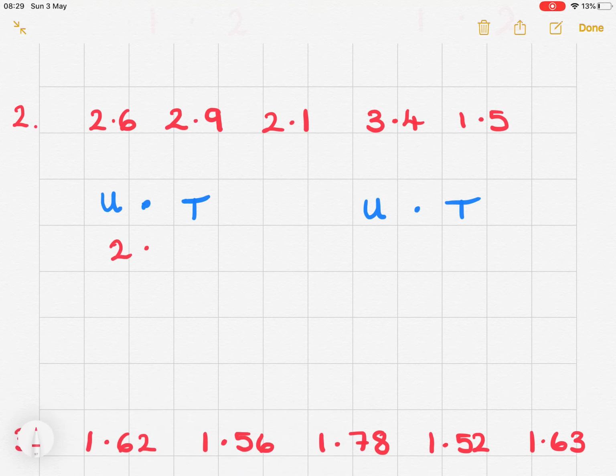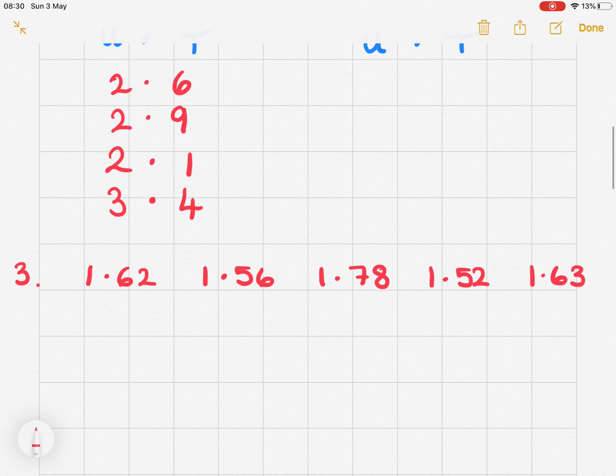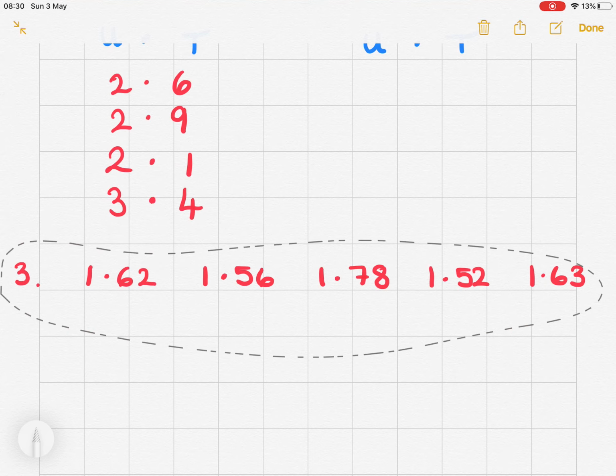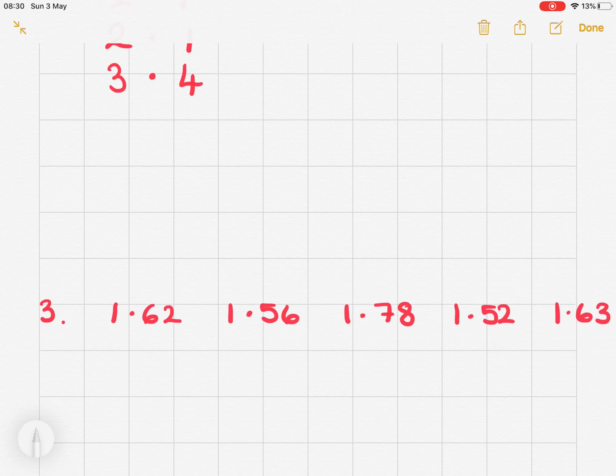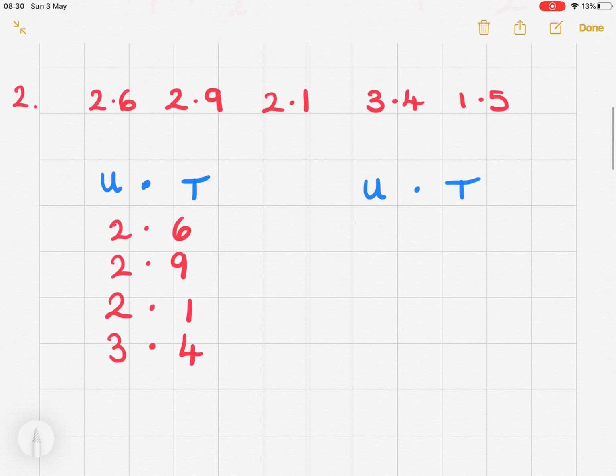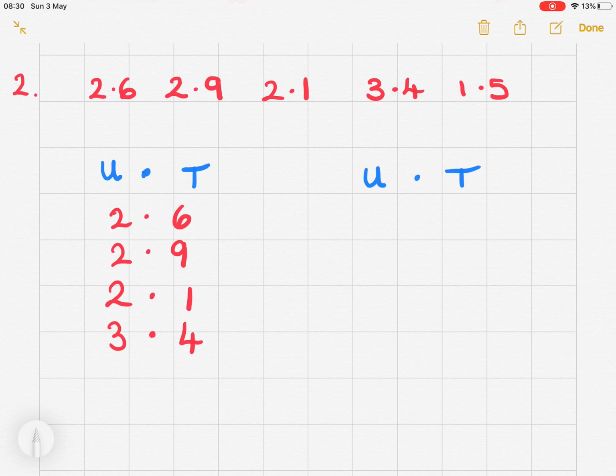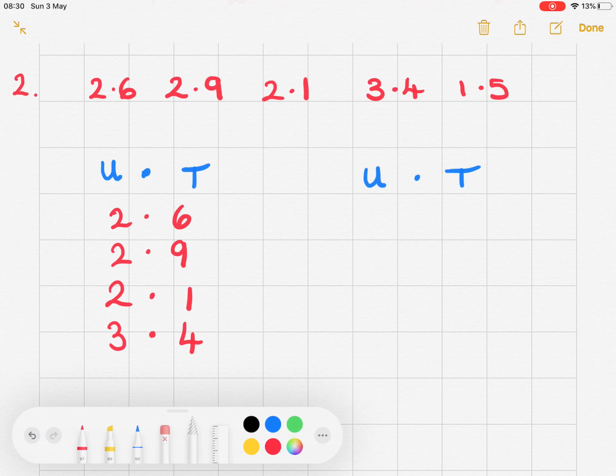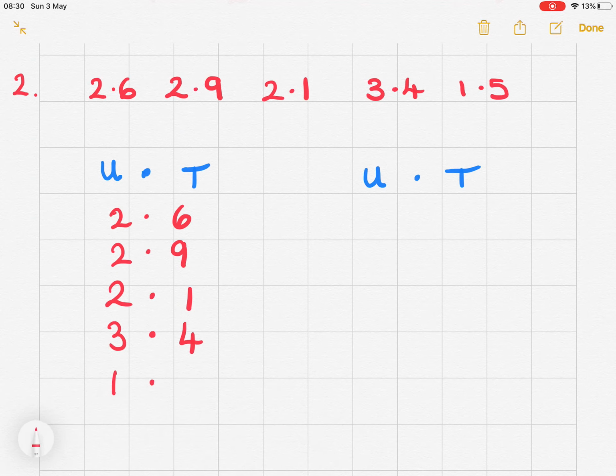I've got 2.6, 2.9, 2.1, 3.4, and then 1.5.